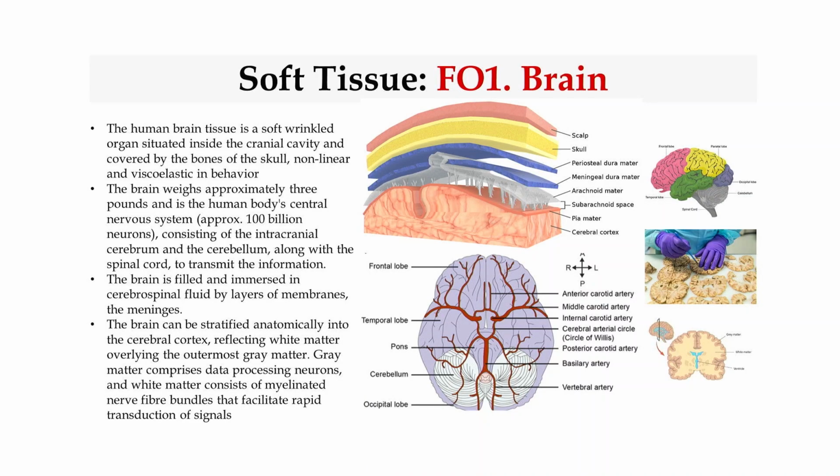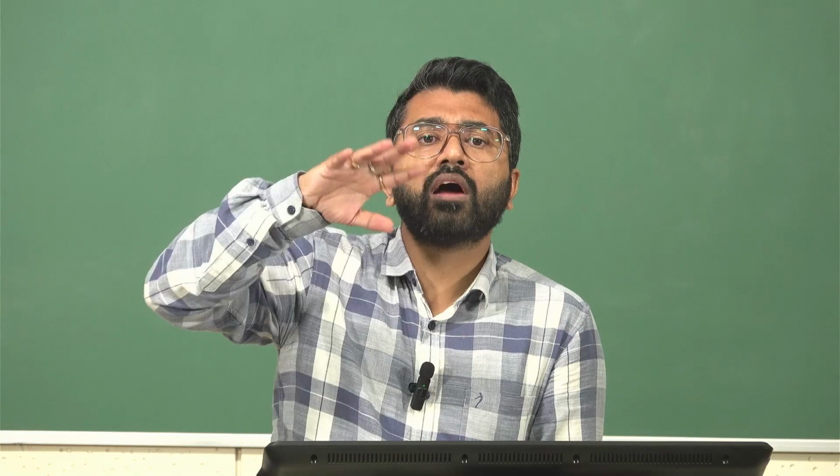If we look from the top, we are looking at the frontal lobe, the temporal lobe, pons, cerebellum, and the occipital lobe in the back. We have the vertebral artery, basilar artery, anterior carotid artery, and middle carotid artery. There are a lot of different arteries, and this is known as the cerebral artery network. So it's not only a blob of material.